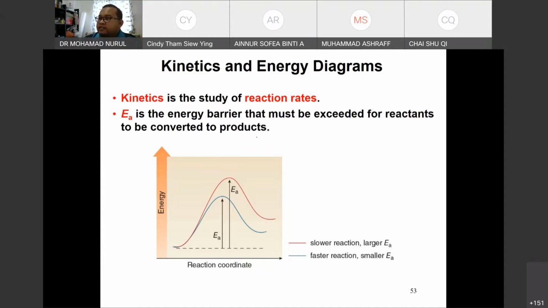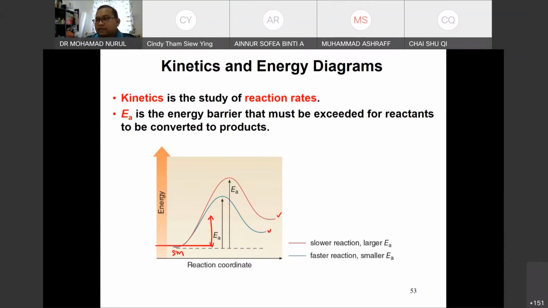So activation energy is the barrier that must be exceeded for the reactant to convert to the products. If the activation energy is higher, the reaction is slower, and if the activation energy is lower, the reaction is faster. If the activation energy reaches up to this level, the reaction favors going back to the starting material, not going forward but backwards.